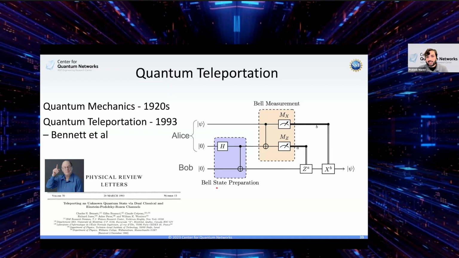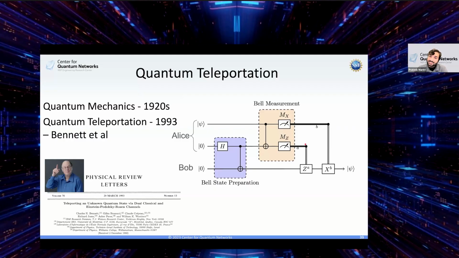So what we're doing here is we have these three qubits. We prepare a Bell state between these two qubits using a Hadamard and a CNOT. And then we send one part of this Bell state to Alice and the other part to Bob. At Alice's end, we do this Bell measurement, the same device that we saw earlier, and we measure the outcomes of the two qubits that Alice is holding.